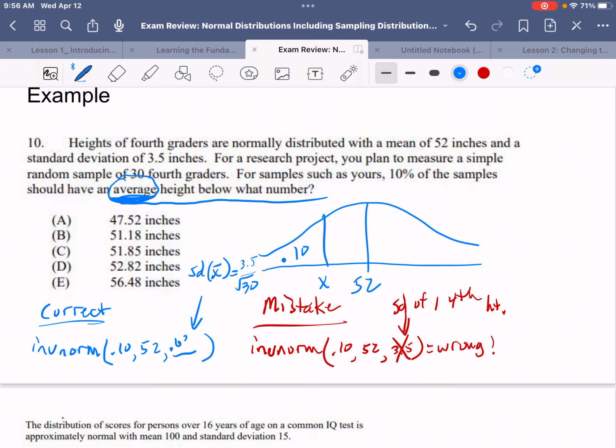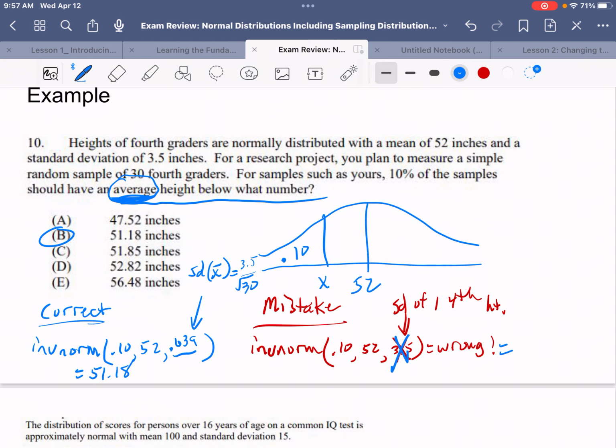So if I put 0.639 there instead of the incorrect 3.5, I'm going to get the correct answer. So menu, statistics, distributions, inverse normal, 0.10 area, 52 for the mean and 0.639 for the standard deviation. And I get 51.18. So that would say that B is the correct answer.